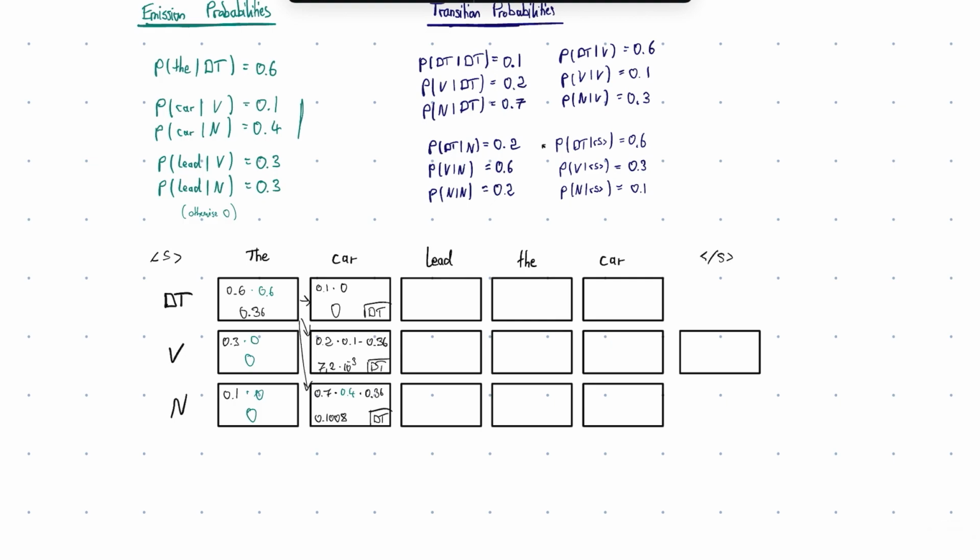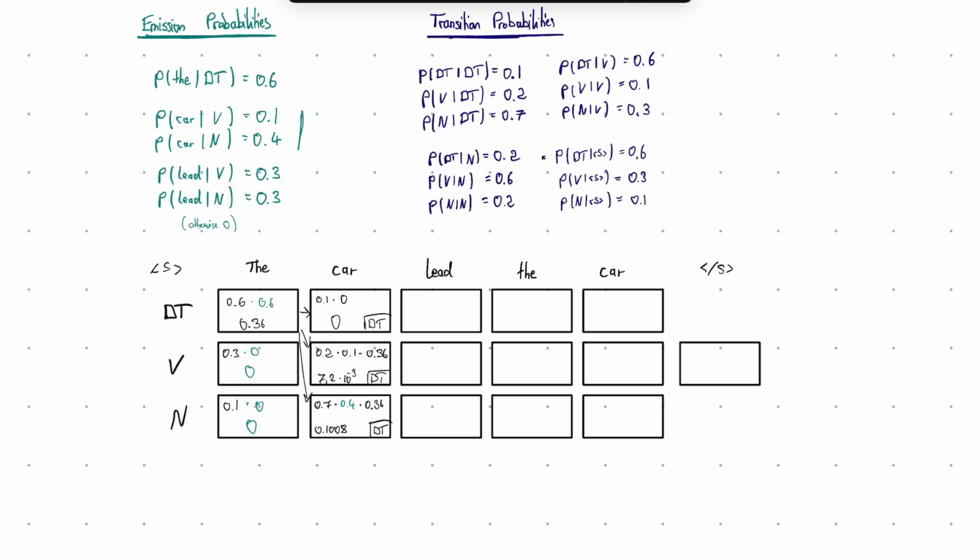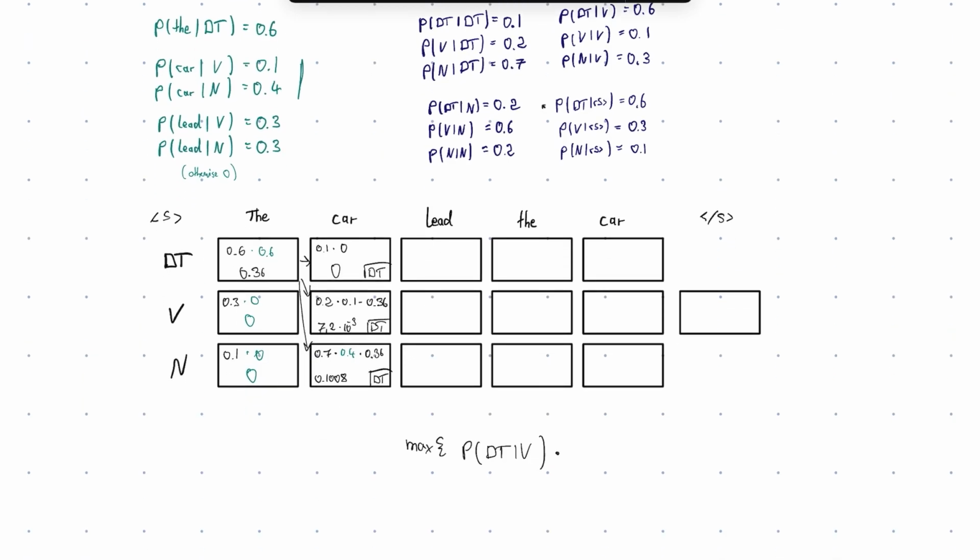Now the stuff gets more complicated because we have multiple paths we could go, but we want to go the one that's most likely. So we will just calculate the maximum of moving from the verb state into the determiner state. That is determiner given verb, times the probability that we emit "lead" in the determiner state, times the probability that we went this path. So that's this one.